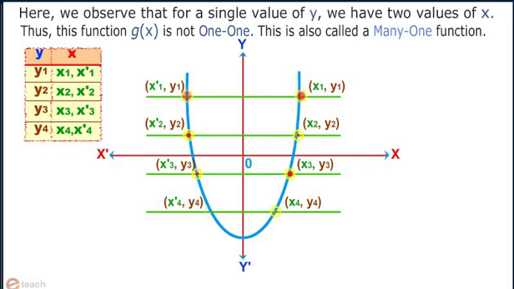Here, we observe that for a single value of y, we have two values of x. Thus, this function g(x) is not 1-1. This is also called a many-one function.